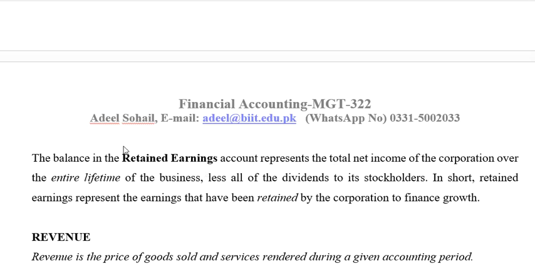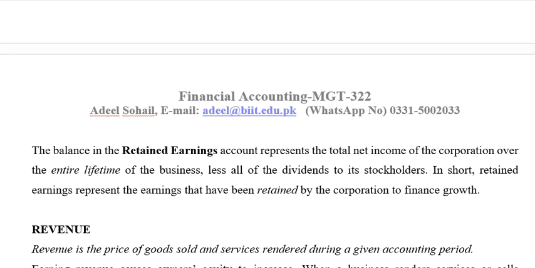The balance in the retained earnings account represents the total net income of the corporation over the entire life of the business, less all of the dividends to its stockholders. In short, retained earnings represents the earnings that have been retained by the corporation to finance growth, right?